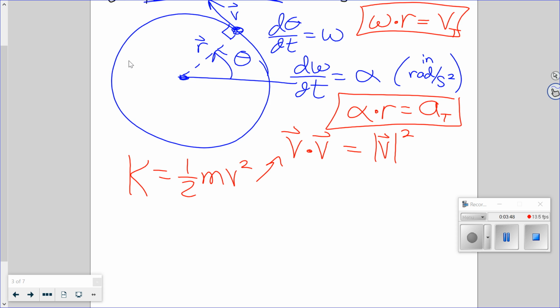Well, let's change it over. 1/2 m. What replaces v if I'm in rotational coordinates again? w times r, right? I can change back and forth. So I have w times r, squared, instead of v squared.